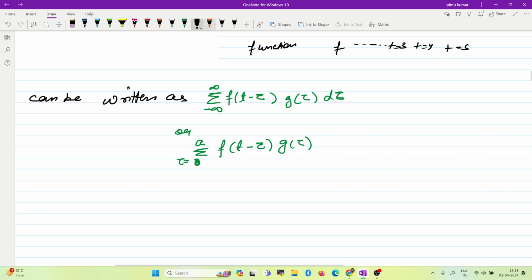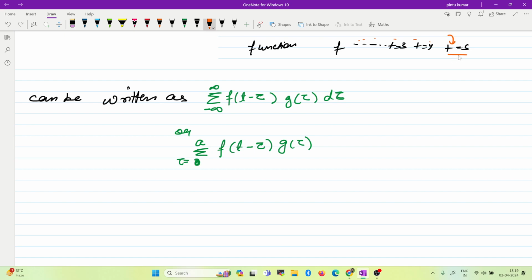Let's say you are interested in finding out some value which not only depends on your value of function f at t equal to 5, but also on values preceding it.